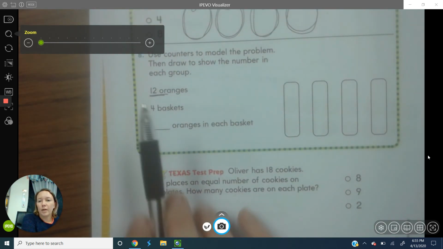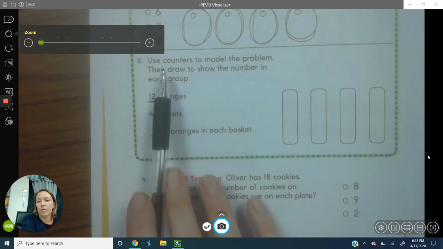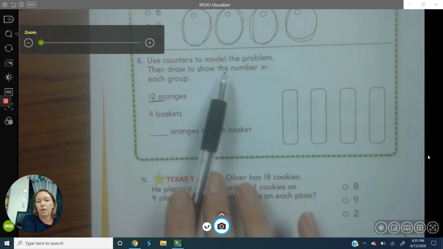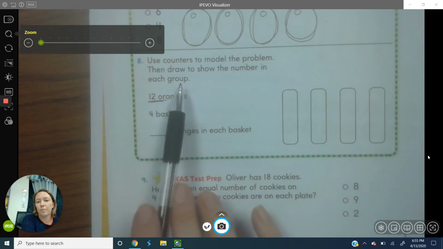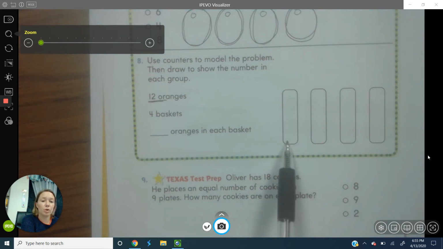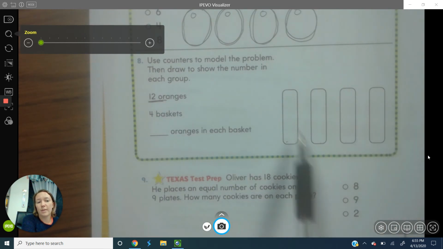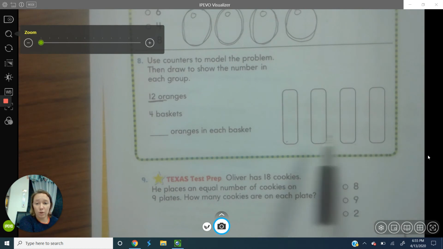Okay, number 8. Use counters to model, then draw to find the number in each group. They're giving you your groups. If you have 12 baskets, they have not passed out the oranges. You need to know how many oranges are going to go into each basket.